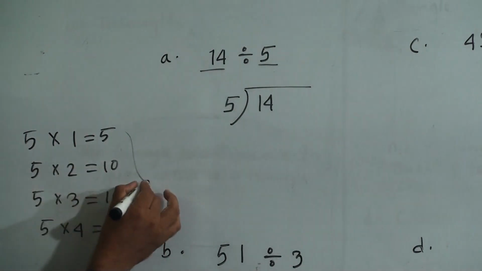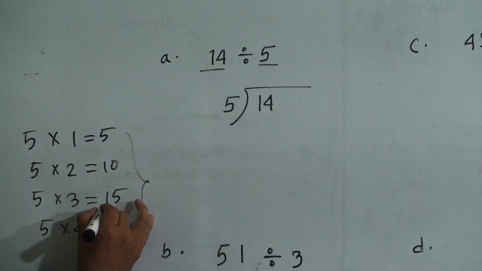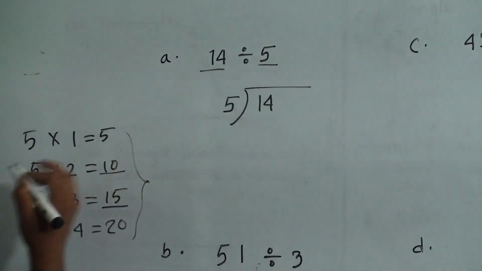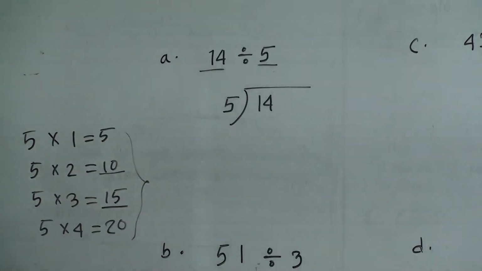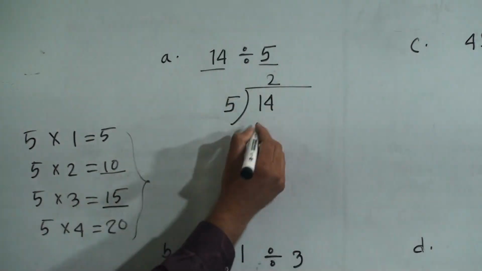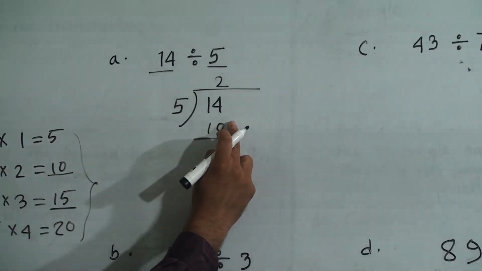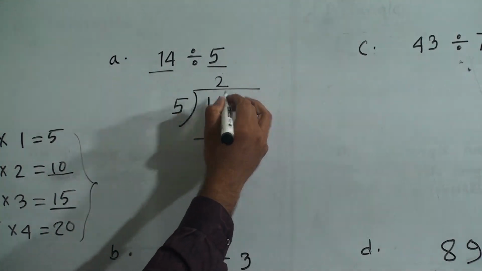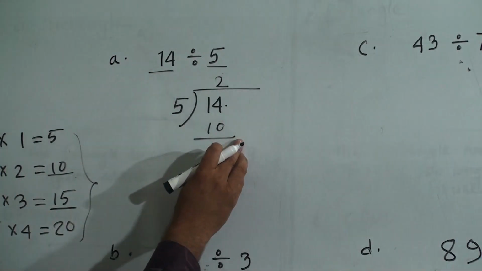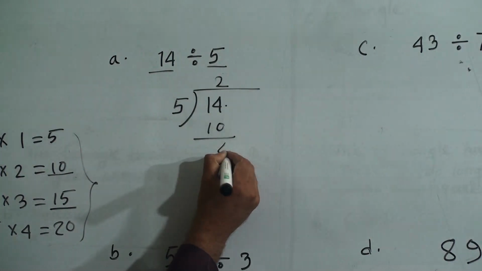Look, there is no number which is 14, but here 15 is bigger than 14 and 10 is smaller than 14. So you have to use the number 2 here. 5 2s are 10, because this number must be smaller than or equal to this one, but not greater. Now subtract 10 from 14.